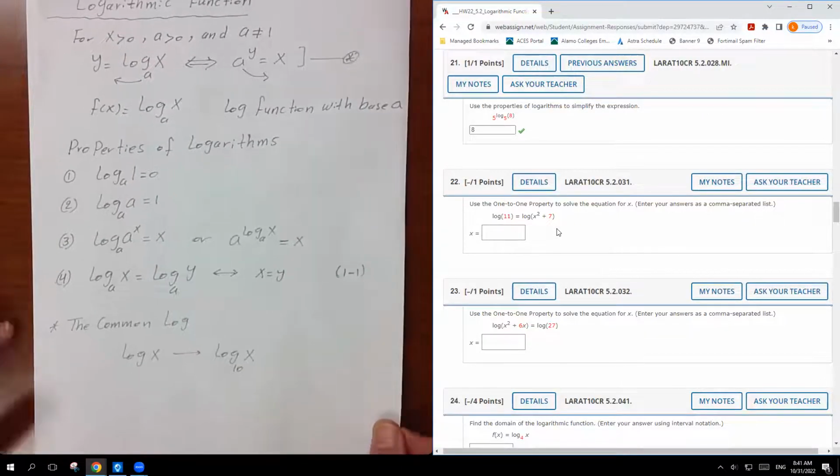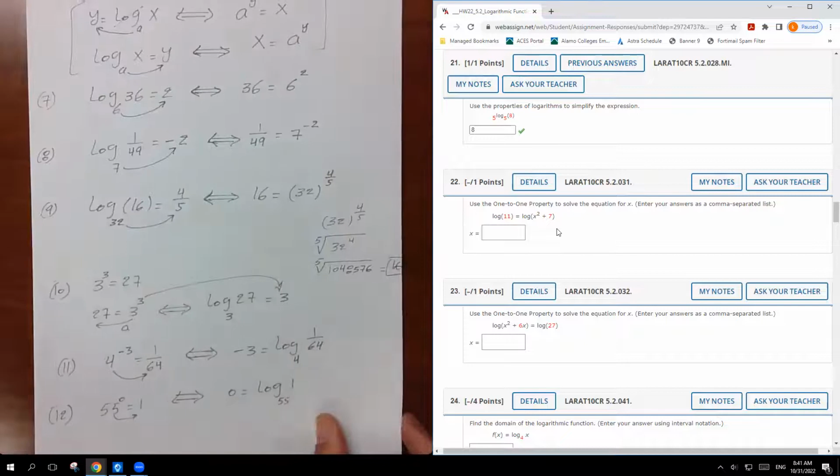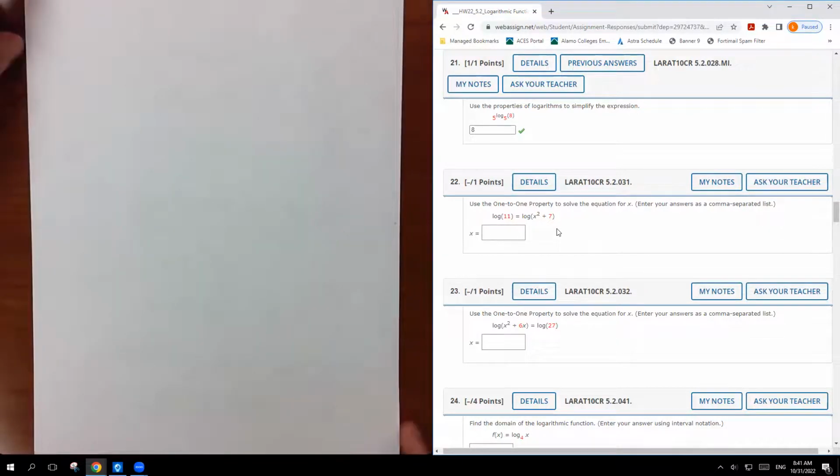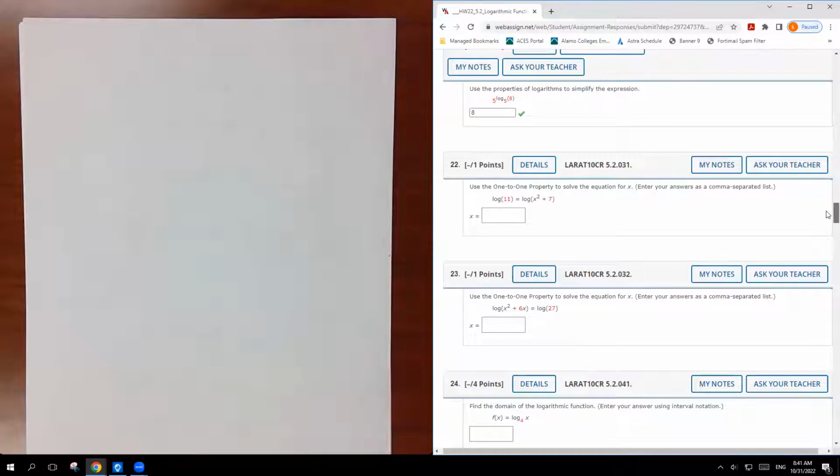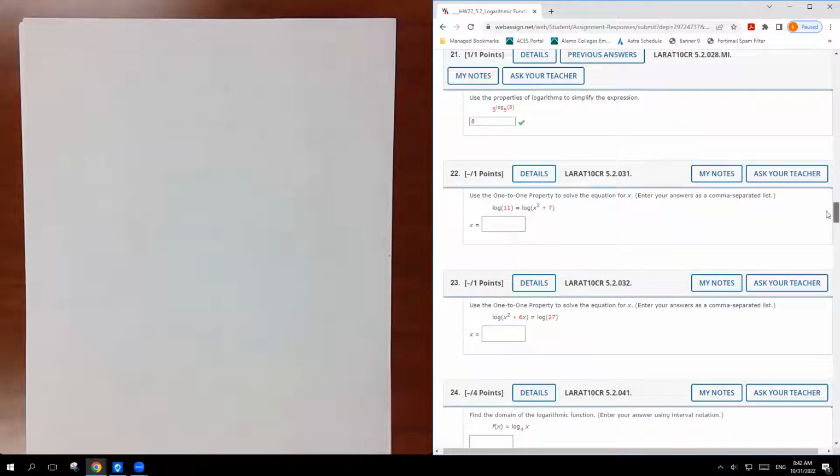With example 22, 23, and I think 24, they ask you to use the one-to-one property to find the value of x. I think just 22 and 23. Now, this is important. We have to use the one-to-one property.